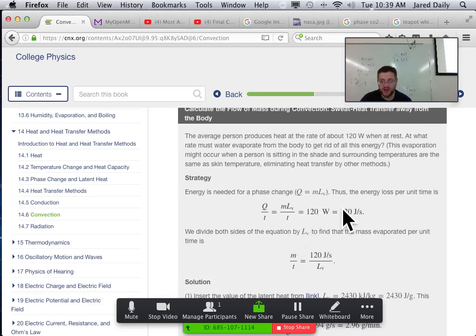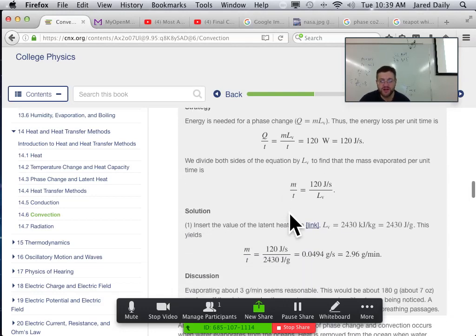And it's going to be 120 joules per second, 120 watts. And we want to solve for how much mass you're losing per second in sweat. We talk about sweating things off, right? If you're sweating things, this is what happens. So you have mass per time, 120 joules per second over the latent heat of vaporization.